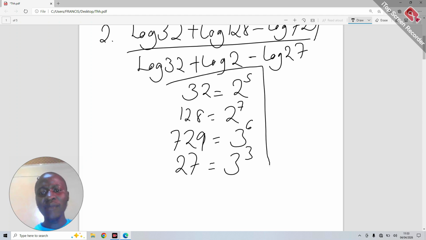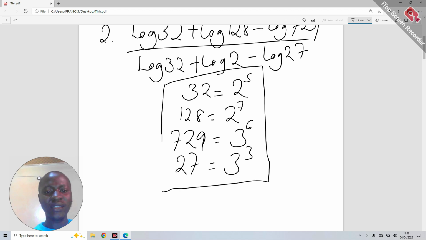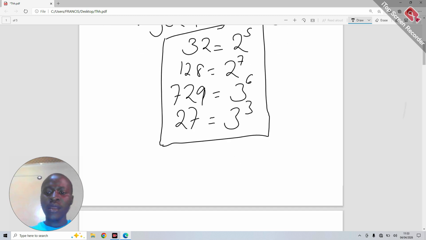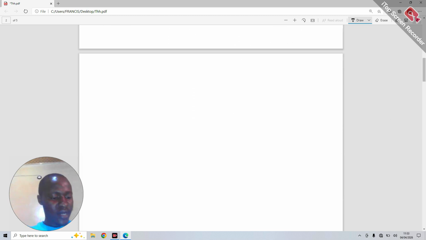So this is what I mean by simplifying, but this is just part of the simplification way. We haven't yet simplified the whole thing. So let us continue.